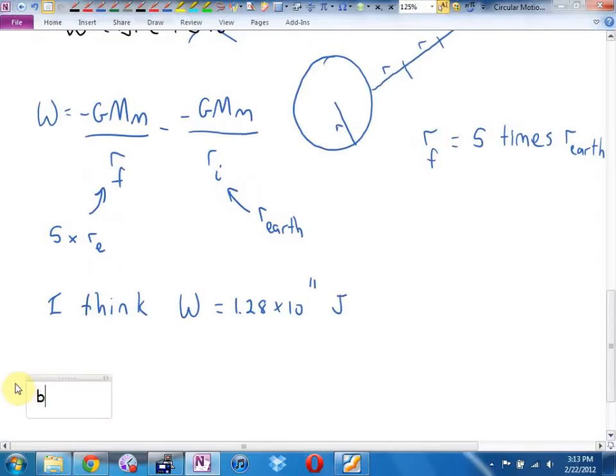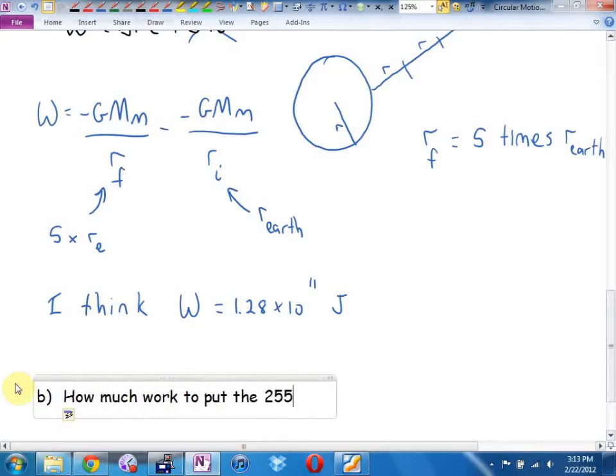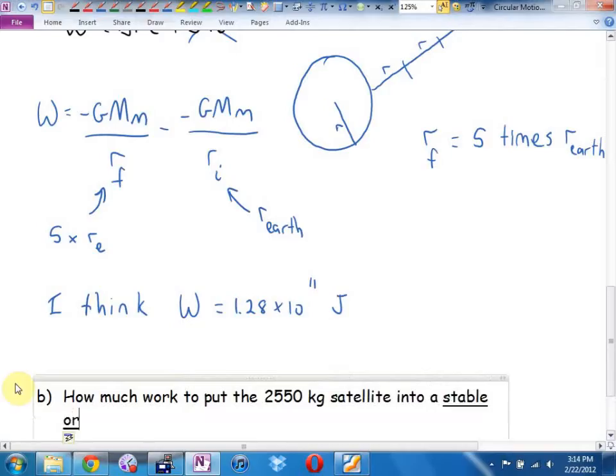Here's what I'm also going to ask. How much work to put the 2,550 kilogram satellite into a stable orbit at an altitude of 4 times the Earth's radius?